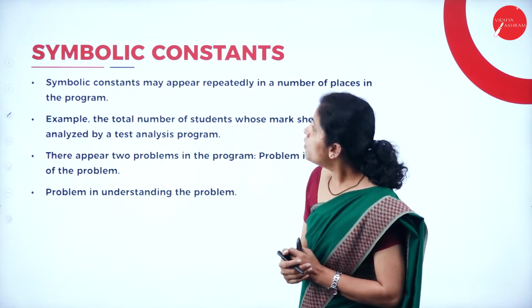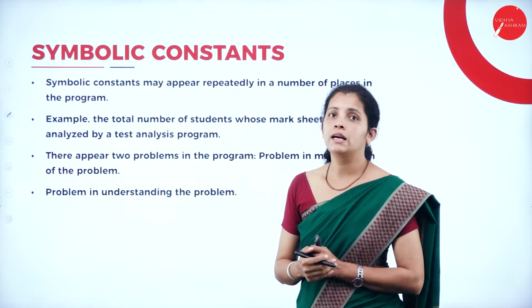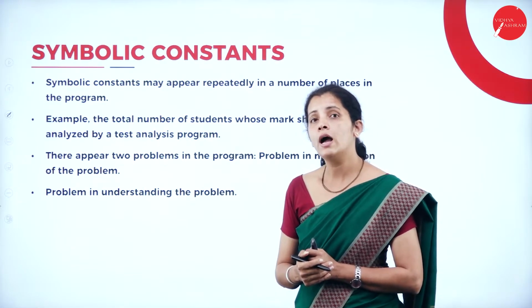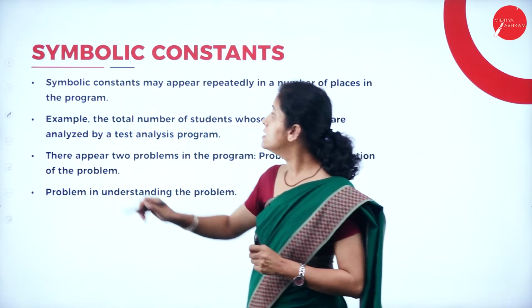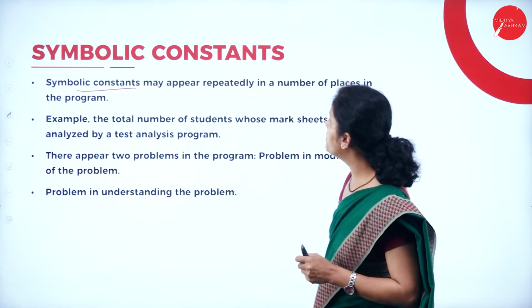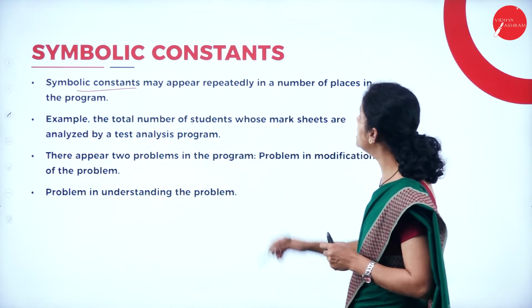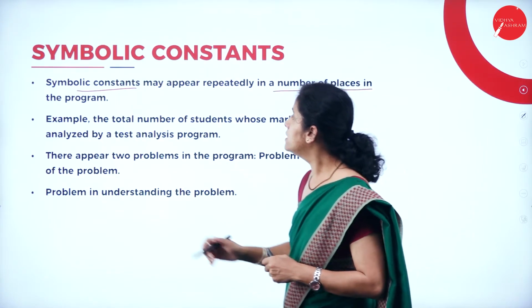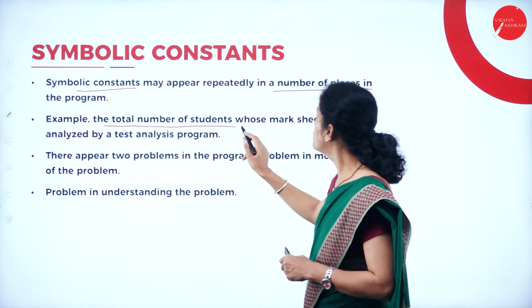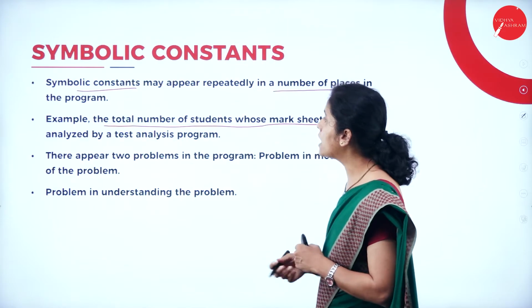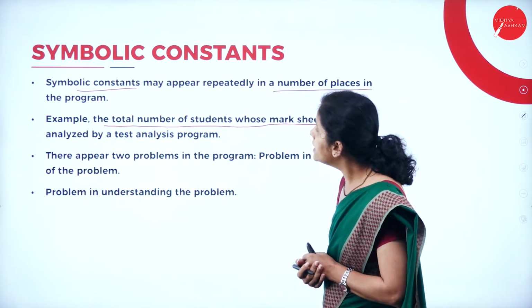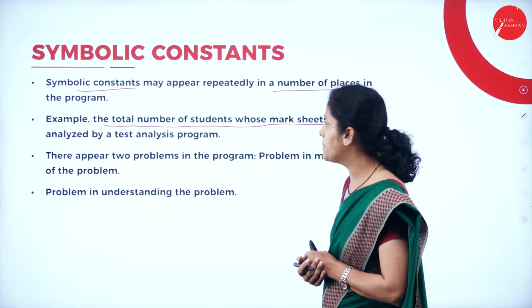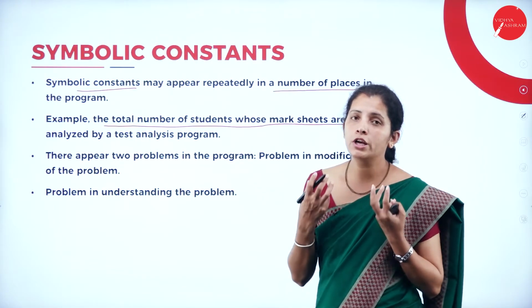Now, symbolic constant. If I consider constants, there is a type called symbolic constant, which may appear repeatedly in a number of places in a program. For example, the total number of students whose marks are analyzed by a test analysis program. What is a symbolic constant?